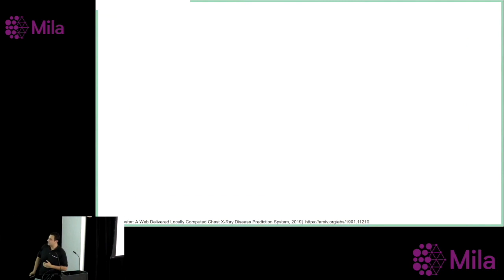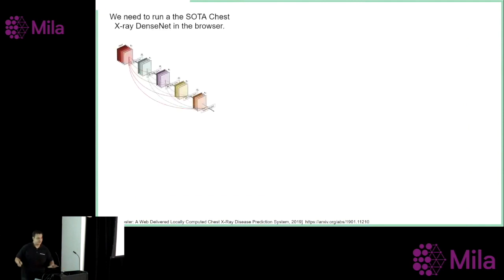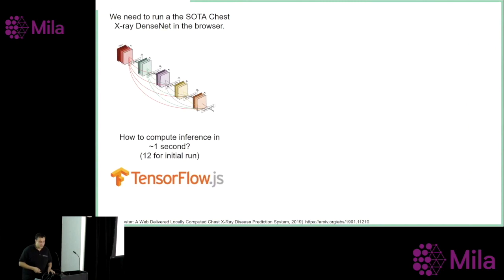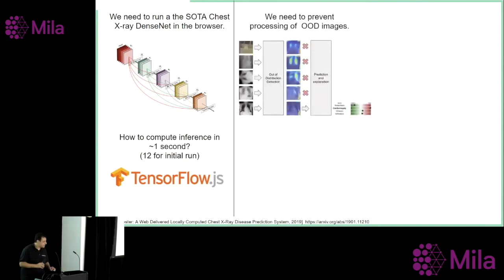Great. So now some TensorFlow.js slides. Right? So the technical piece of this, which I'm not going to go into too much detail, is that we need to run DenseNet in the browser, right? And we need to compute it in like 1 second, right? Although it takes 12 seconds for an initial run and then 1 second for each subsequent run of the model. But we can do that with TensorFlow.js. Out of distribution detection, right?